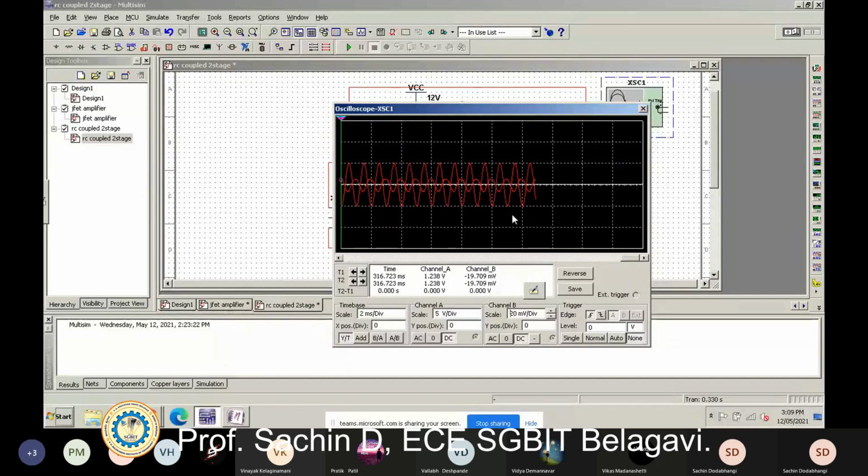So for CE amplifier also it is 180-degree phase shift. Signal has been amplified with 180-degree phase shift.